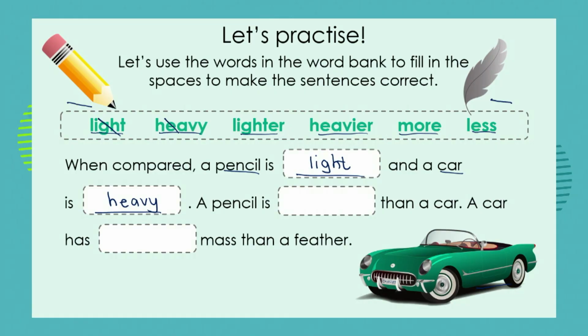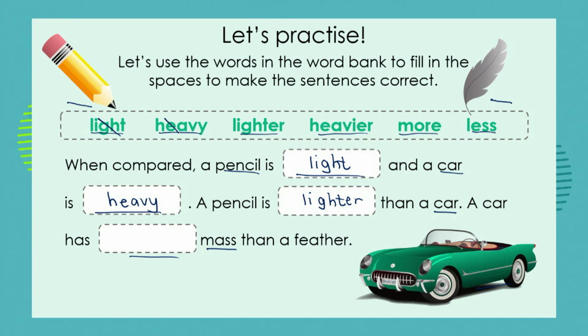Let's read the next sentence together. A pencil is, is it lighter or heavier than a car? Yes, well done. A pencil is lighter than a car. And our last sentence reads, a car has, missing word, mass than a feather.